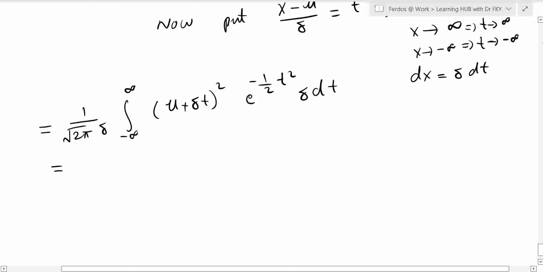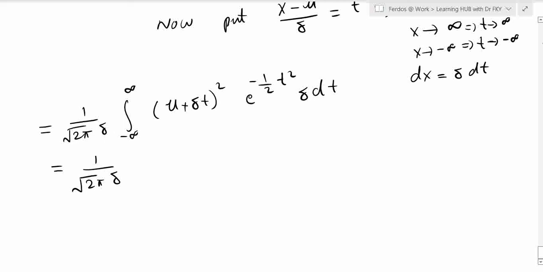Remember that we have no changes, and you can write this sigma outside. Just write sigma outside, and now minus infinity to infinity.